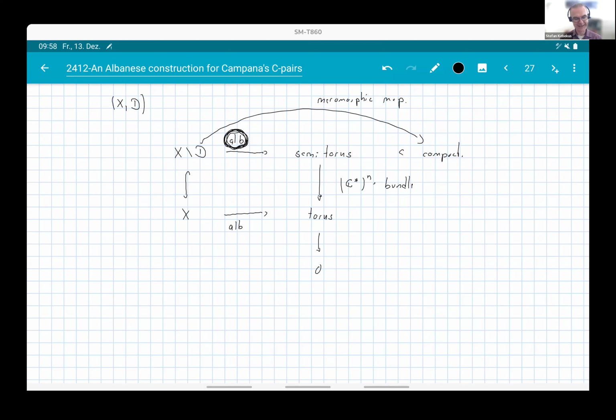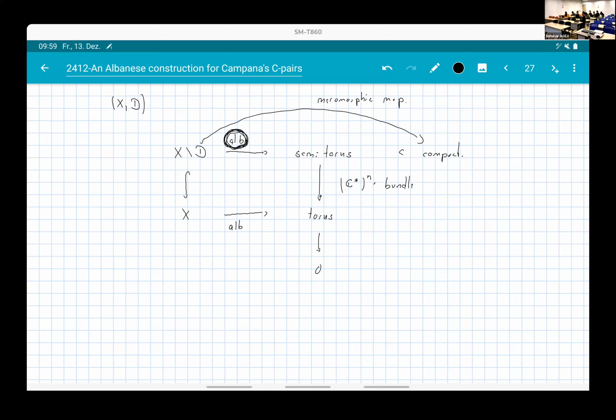So in the algebraic setting, the Albanese map is the universal map into the semi-torus. This is wrong in the analytic setting. In the analytic setting, the Albanese is universal for all maps into a semi-torus that extend to meromorphic maps of this compactification. But then in the analytic setting, you also have different choices of compactification.